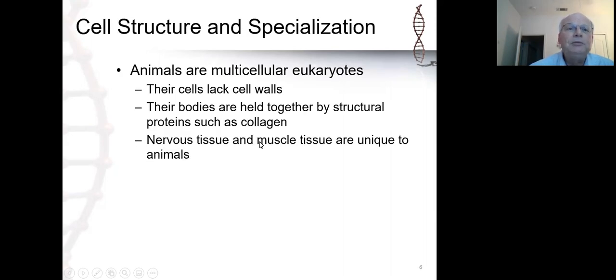Then when we think in terms of body structure, there are several things that are unique to animals. And we've touched on some of those as we've looked at some of the other kingdoms. So most notably, animals are odd in that their cells lack cell walls. We've seen that fungi have chitin for cell walls, plants have cellulose for cell walls, as do many algae.